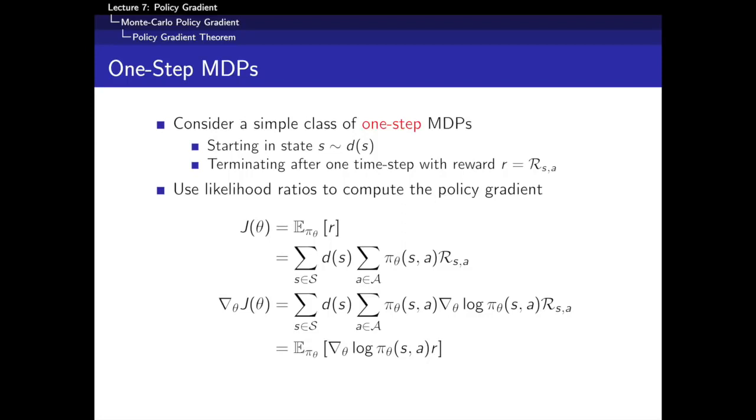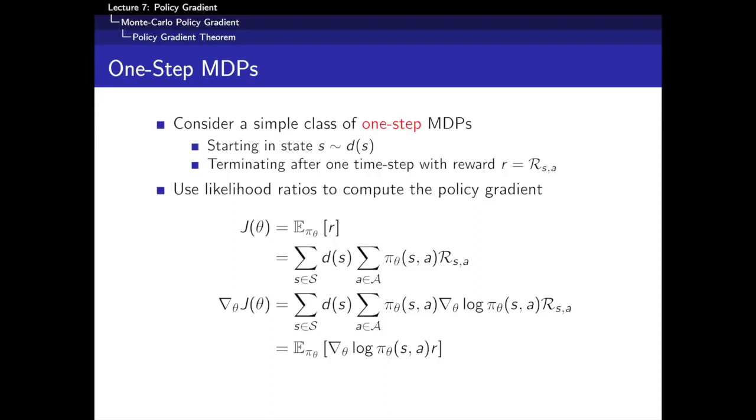And so the way we're going to do that, let's just expand this out. This is the expectation over the state that we start in, and this is the expectation over the actions that we pick under our own policy. So this is the expected reward. And now we're just going to plug in the likelihood ratio trick. So we're going to take the gradient of this whole thing. We want to know the gradient that gets us more reward. Basically, the only term which depends on theta is our policy.